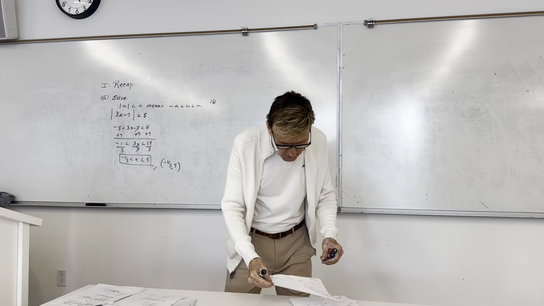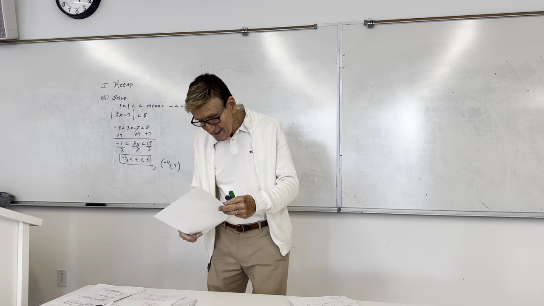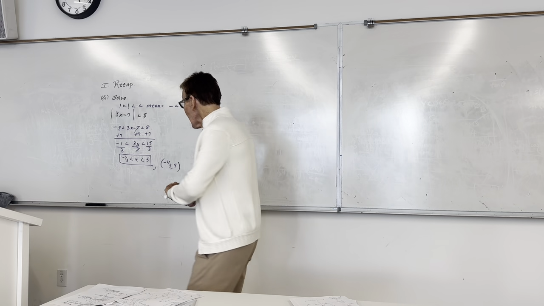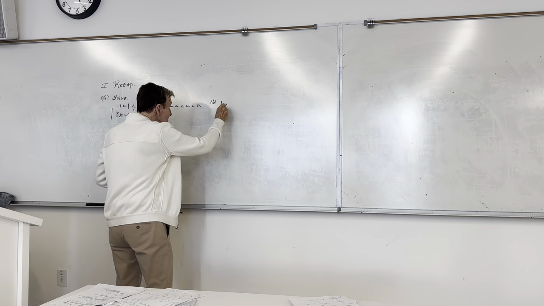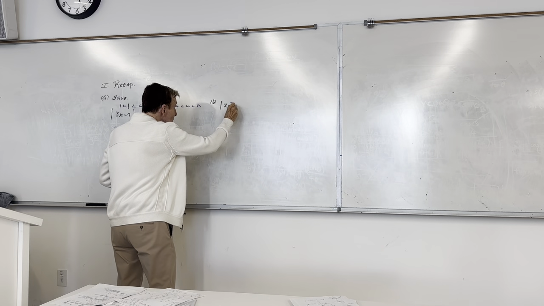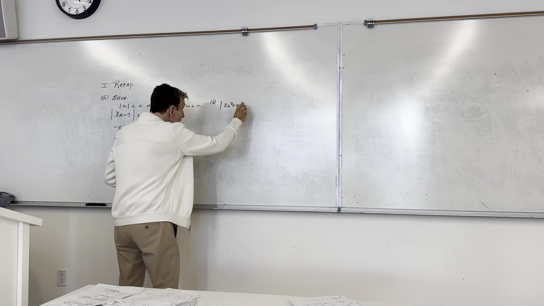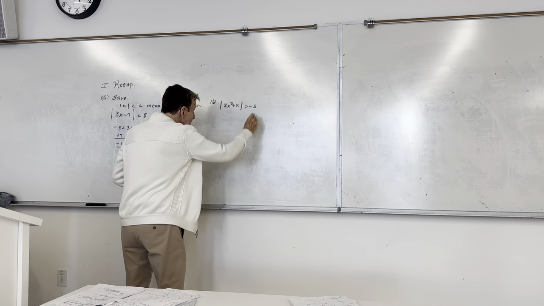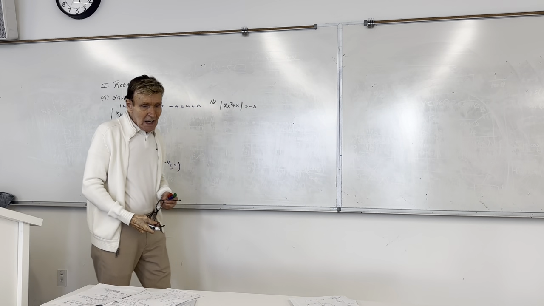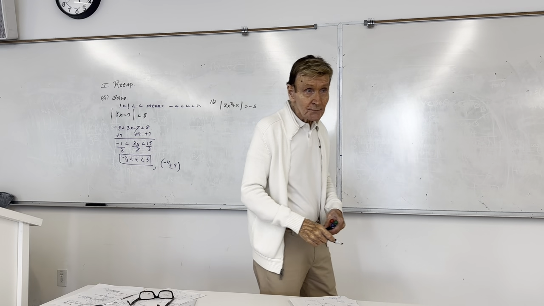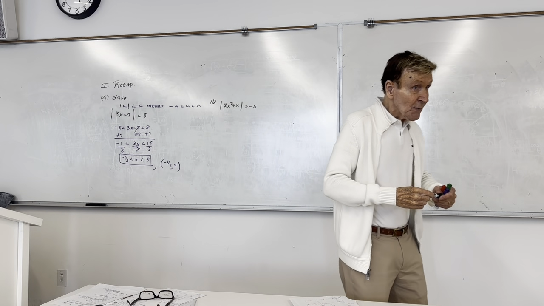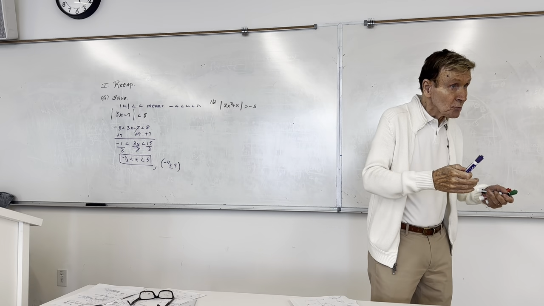Guys, the next one looks like this: |2x^2 + x| > -5. Here's the catch. I might think as a student, you would say, Professor, there's only 2 rules to follow.